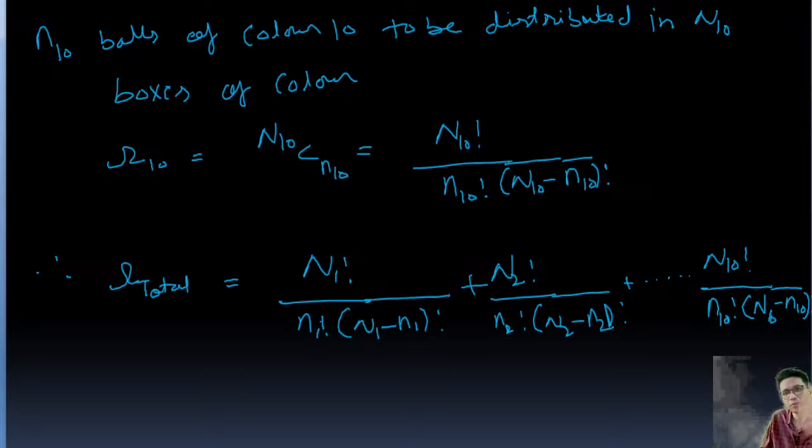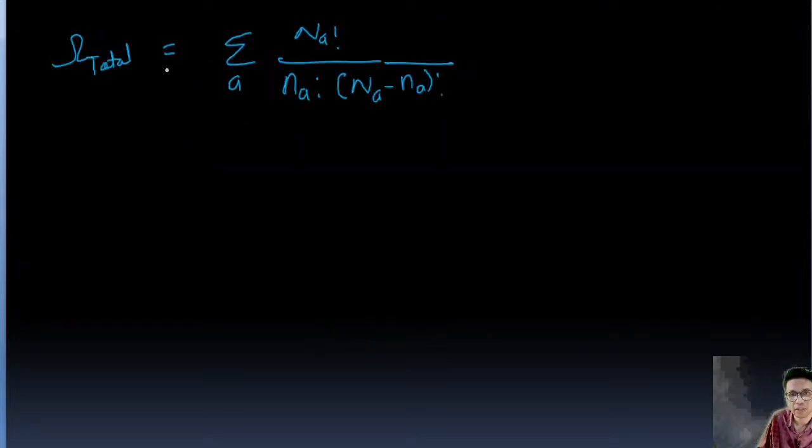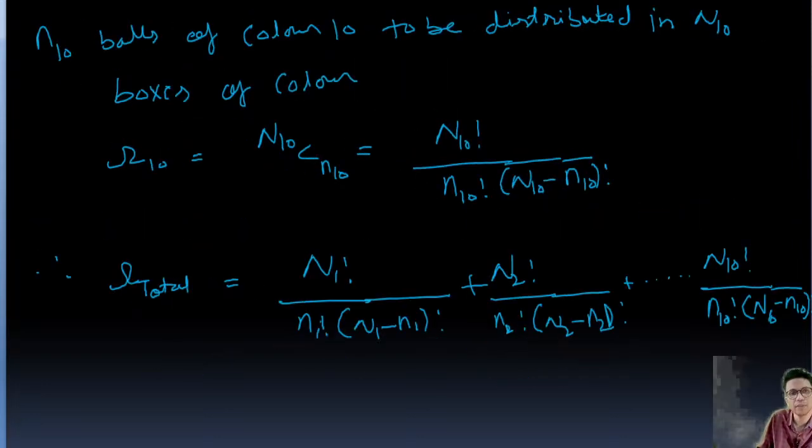A is the color from 1 to 10. Okay, this is the total number of microstates.